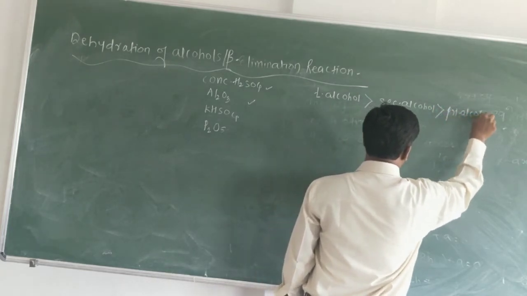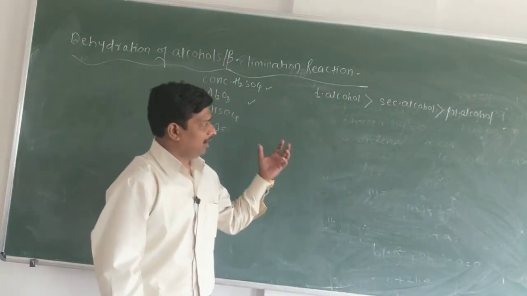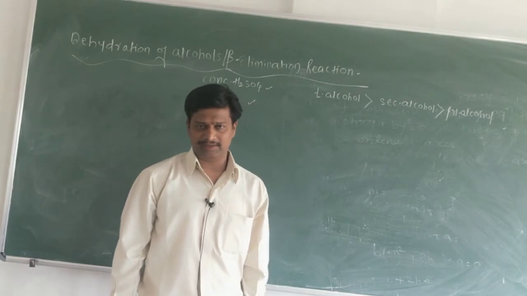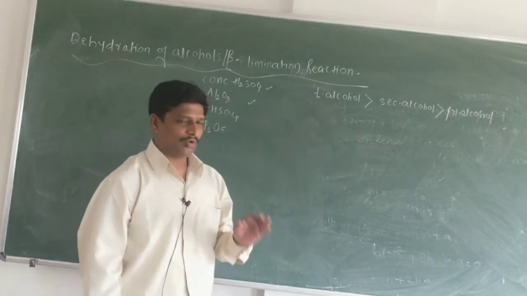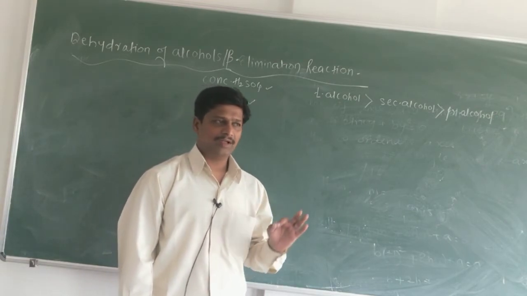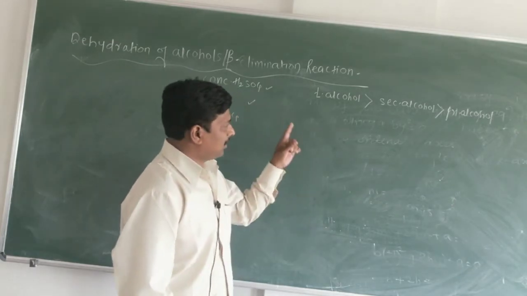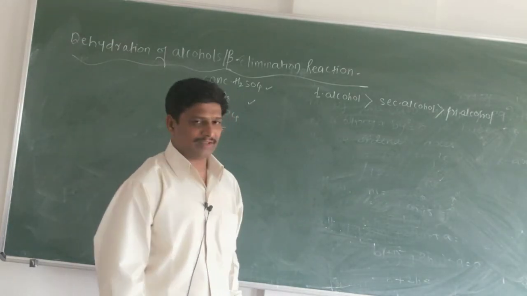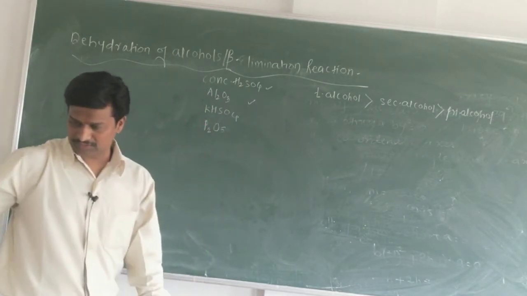In the last period I told you that such MCQs may be asked in your exam. The MCQ is: the order of reactivity of this reaction towards alcohol is dash, and the answer is tertiary is greater than secondary, and secondary is greater than primary alcohols.